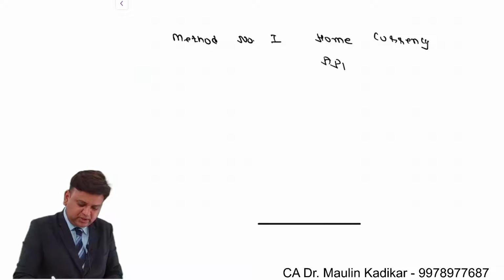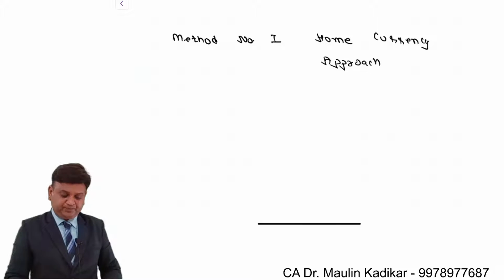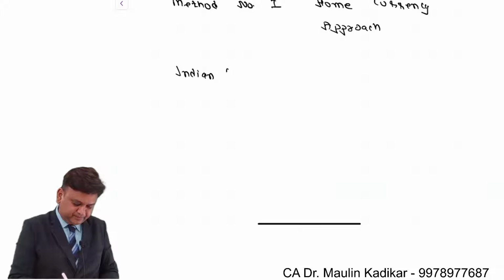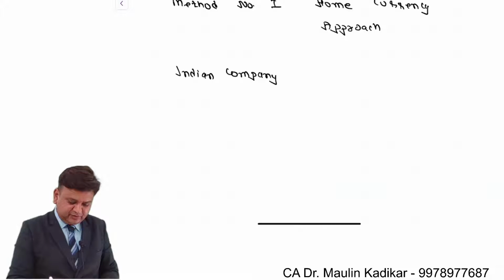Dear students, over here, based on the information given, I hope that all of you must have understood that the question is providing the information that there is an Indian company which is considering doing business in East Africa.